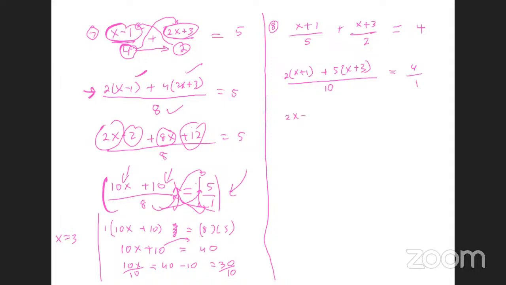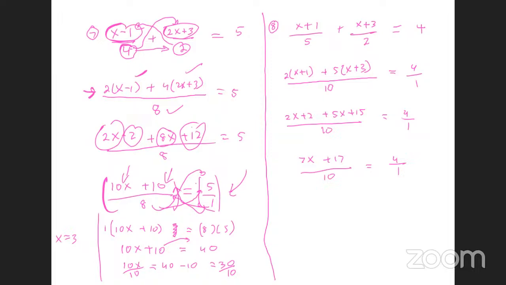So that'll be 2x plus 2 plus 5x plus 15 all over 10 is equal to 4 over 1. Add the 2x and the 5x, that's 7x. Add the 2 and the 15, that is 17, all over 10 is equal to 4 over 1.